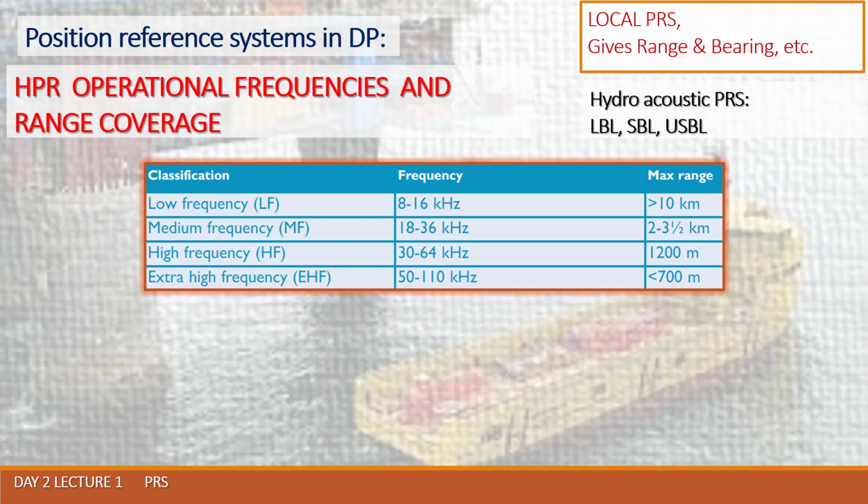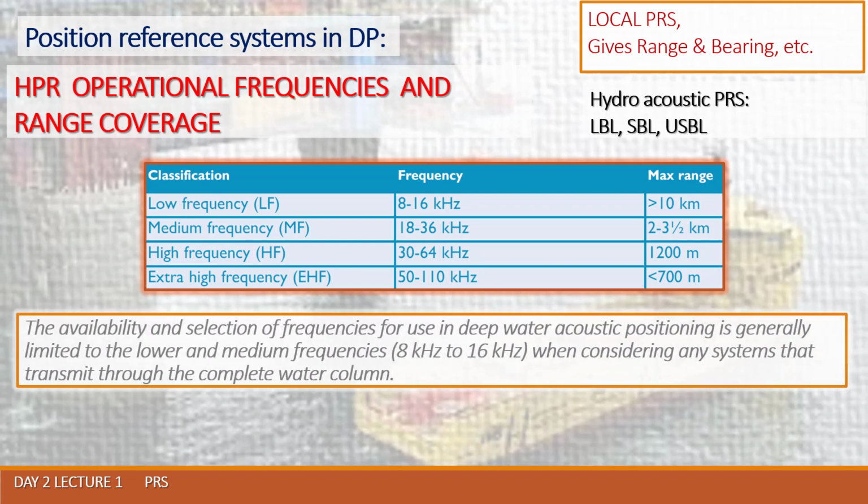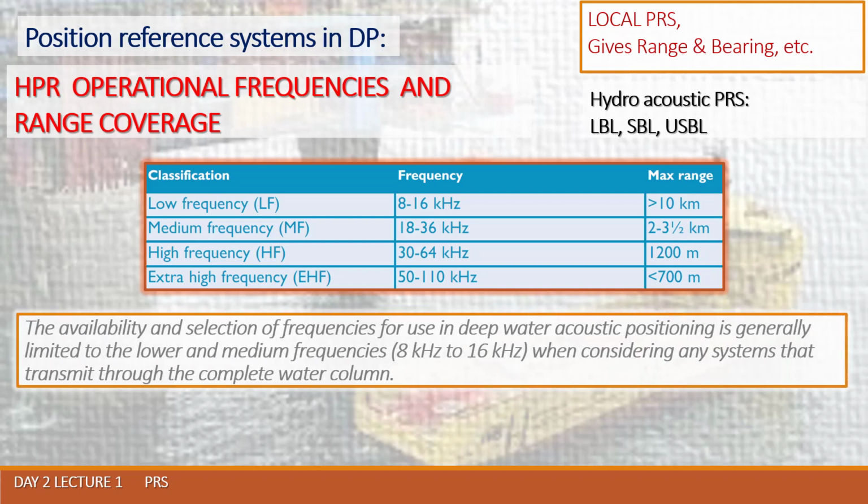The availability and selection of frequencies for use in deep water acoustic positioning is generally limited to the lower and medium frequencies, which I said are from 8 till 16 kilohertz, when considering any systems that transmit through the complete water column. For systems operating exclusively at the seabed, the choice of frequencies is wider and varies from 15 till 75 kHz.